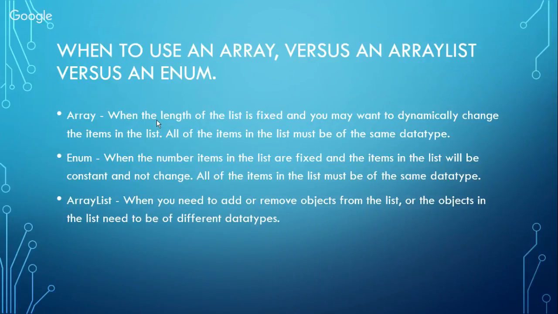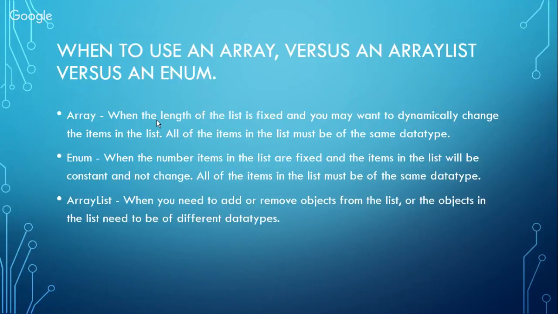The next topic is when do you use an array versus an array list versus an enum. An array we use when the length of the list is fixed, and you may want to dynamically change the items in the list. All the items in the list must be of the same data type.